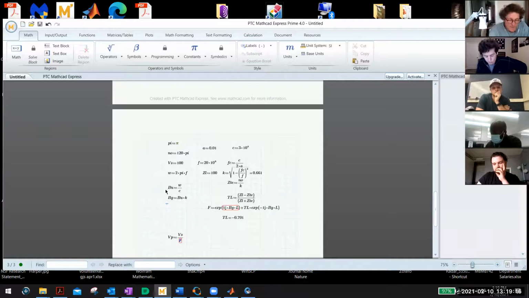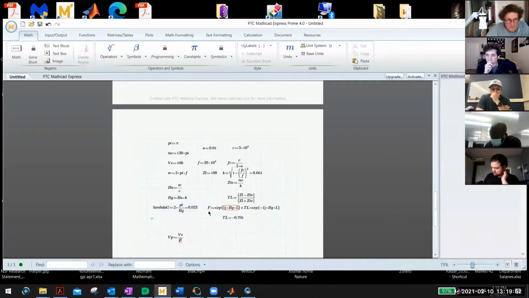Right? Well, I just mentioned something. The wavelength in the guide, I'll call it lambda G, is equal to 2 pi over beta in the guide. And I want to make mention of something else too.